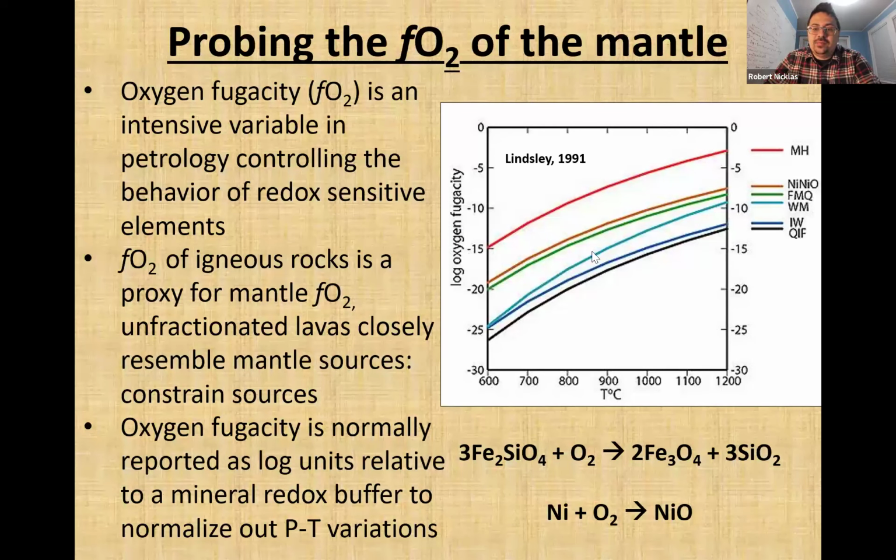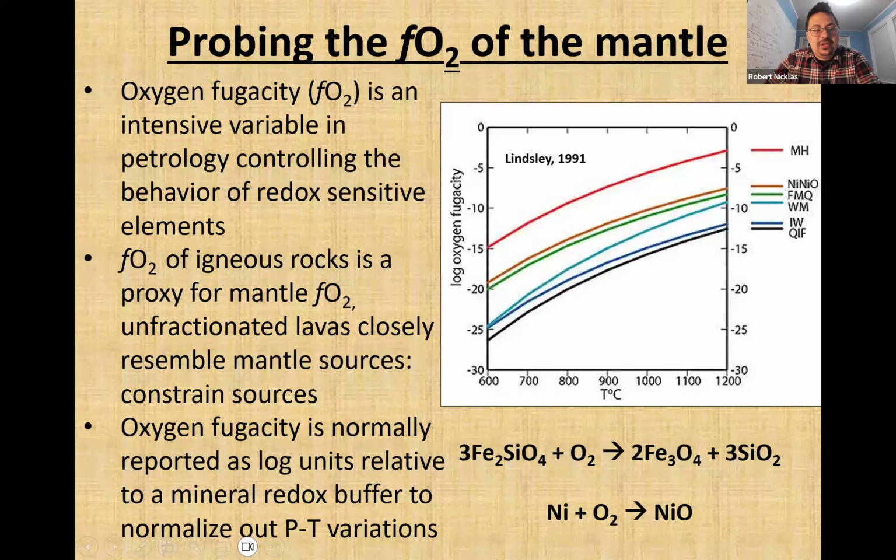So we normally report oxygen fugacity as relative to a mineral redox buffer. This is from a review of Lindsley, 1991. Here is a bunch of different redox buffers that are commonly used. The two we'll use in this talk are NNO, nickel-nickel oxide, and FMQ. FMQ is fayalite-magnetite-quartz, which is written out down here.